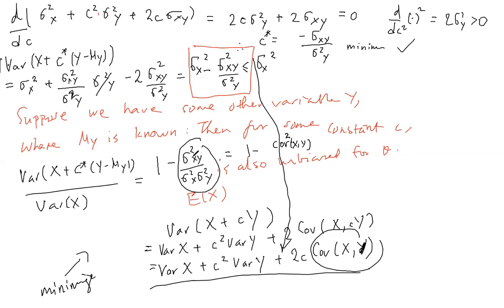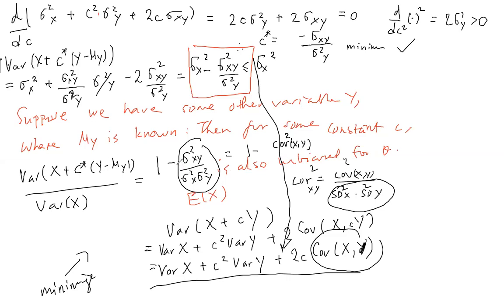Okay? Remember, the correlation of xy is the covariance of xy over the standard deviation of x times the standard deviation of y. The correlation is the normalized covariance, normalized by the product of the two standard deviations. So when you square this, you basically get the variance ratio.